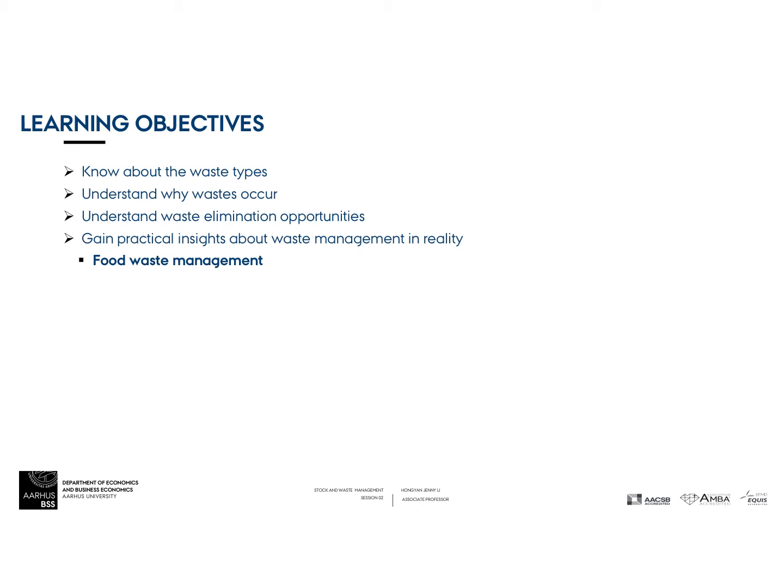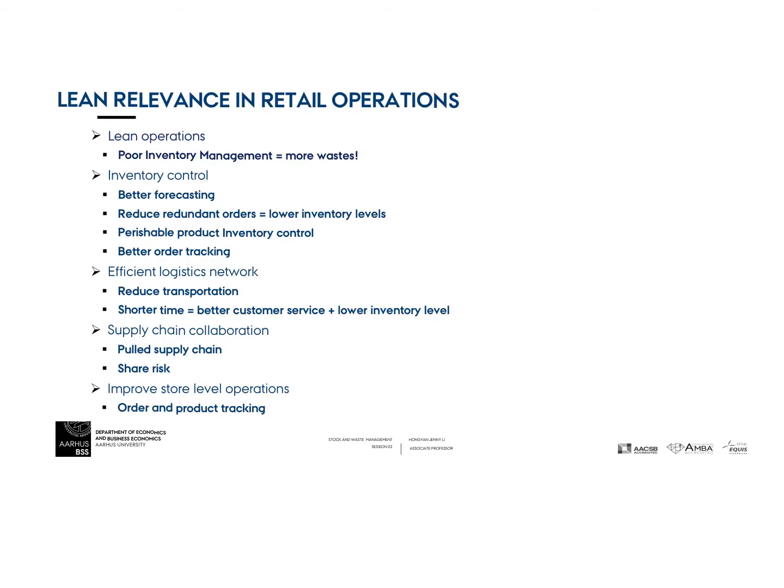And then we also talk about gaining practical insights about waste management in reality, particularly food waste management. Since Lean has a focus on reducing wastes, we can see waste management has a direct Lean relevance in retailer operations.